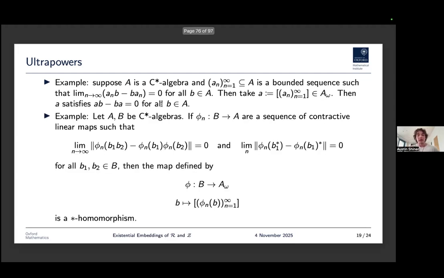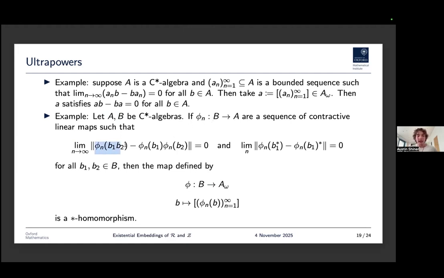One more example that's very useful in classification type results is that if we have two C-star algebras A and B, and if we have some sequence of linear contractive maps phi_n from B to A, such that in the limit, phi_n looks like a star homomorphism.